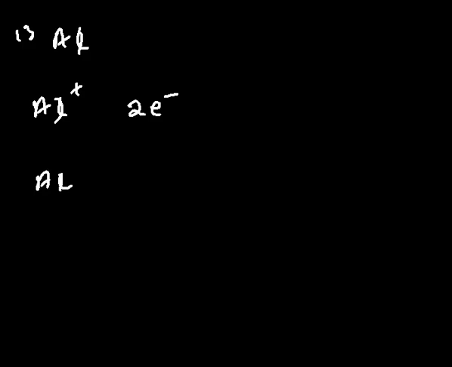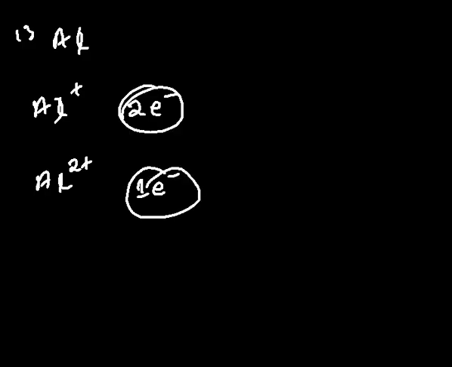And how about aluminium 2 plus? It means it has lost 2 electrons from the outermost shell, thereby having a single electron in its outermost shell. So which one do you expect to have the larger ionic radius than the other?